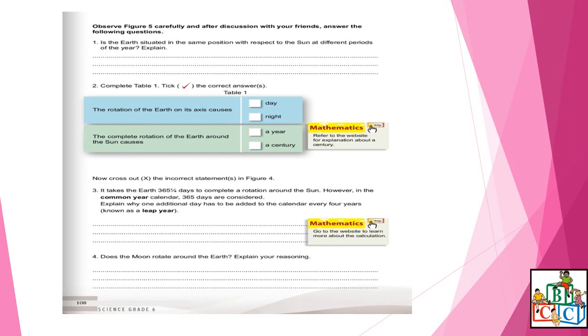You have to explain. Because the moon can be seen at different positions. And also, what about the shape? Can you see different shapes of the moon? Yes. So the moon can be seen at different positions, and also the shape changes. You're going to write a proper answer.